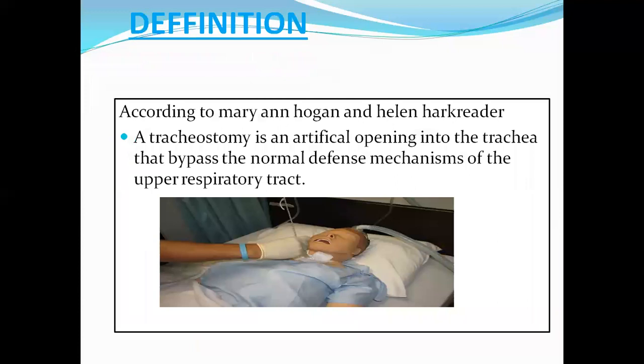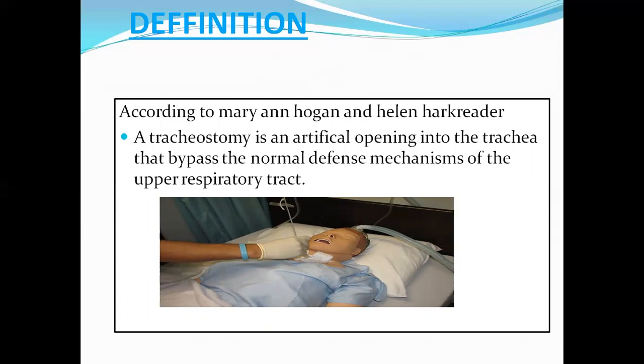Then next is the definition. According to Mary Ann Hogan and Helen Harkness, a tracheostomy is an artificial opening into the trachea that bypasses the normal defense mechanism of the upper respiratory tract. It is an artificial opening, meaning an opening created by the surgeon. In a normal person this opening is not present in the trachea.